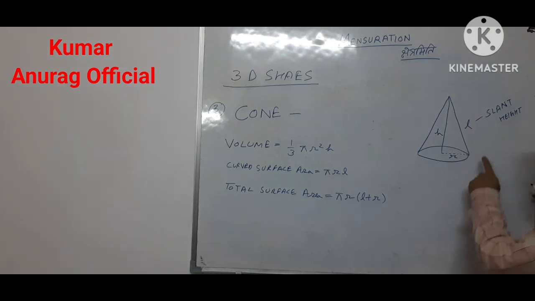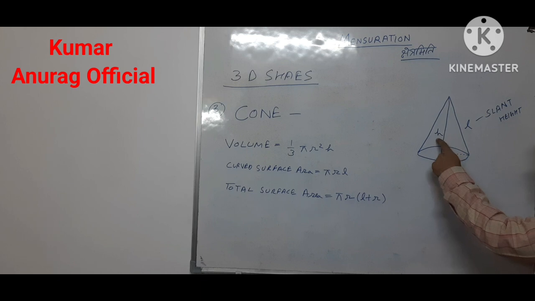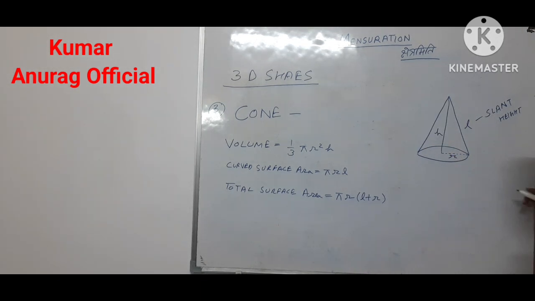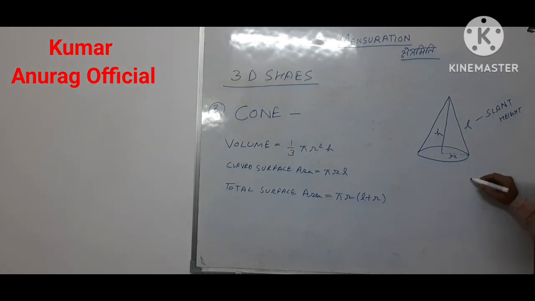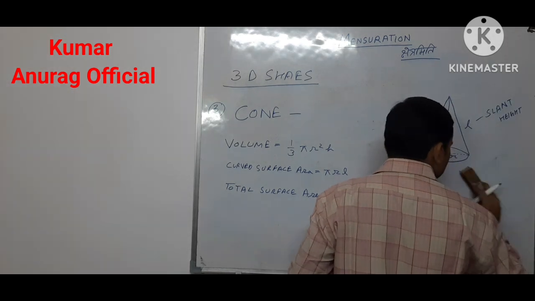Suppose we want to find the slant height. How can we find it? We have L, which is the hypotenuse, h, the height, and r, the base. With the help of the Pythagoras theorem, hypotenuse square is equal to perpendicular square plus base square.